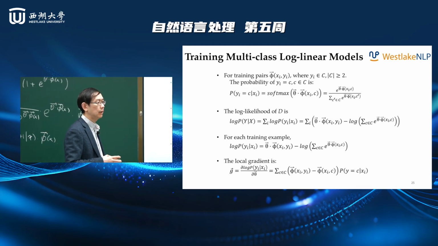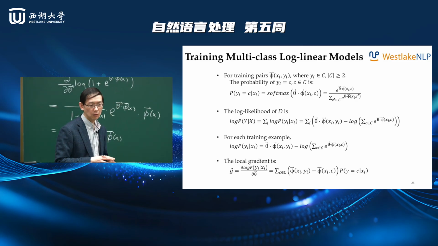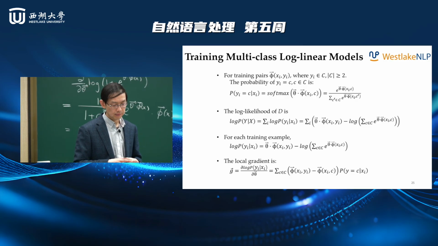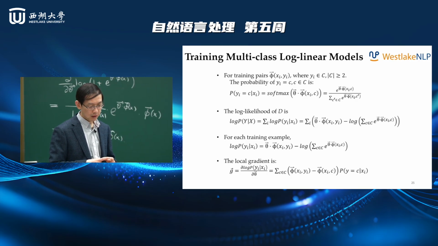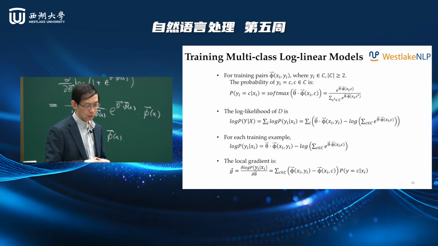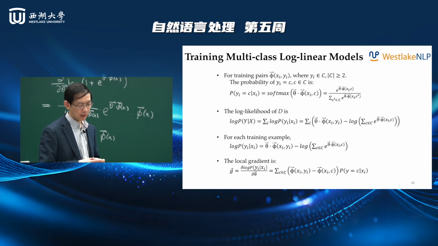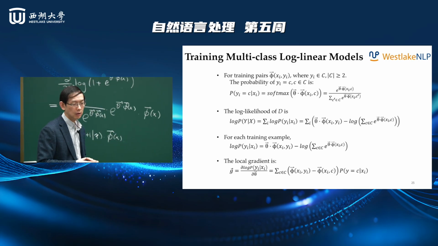We calculate the data likelihood, all right, log likelihood, which is in the second equation here. And then for every training example, you just remove the summation. The log likelihood will be this: theta phi minus log, the sum over all possible labels, e to the power of theta phi of that class, okay?